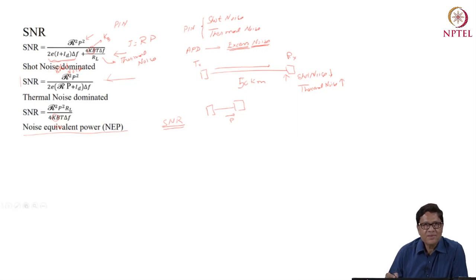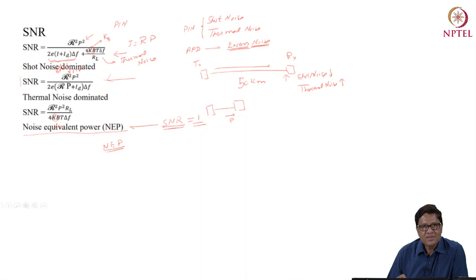The best case is when signal power and noise power are the same, where there may be a possibility of recovering the signal. The power required where SNR is equal to 1 is referred to as the noise equivalent power, or NEP. So we will try to calculate this NEP, which one can call the quantum limit.